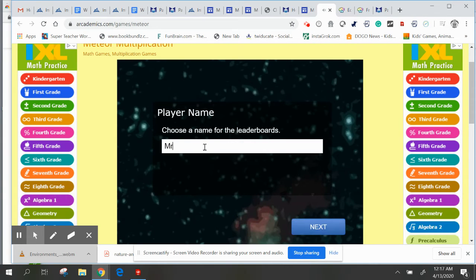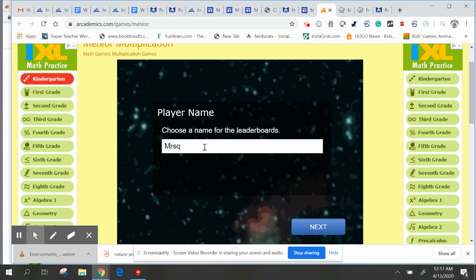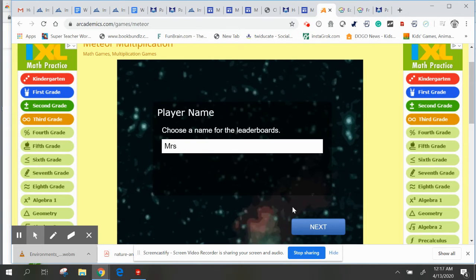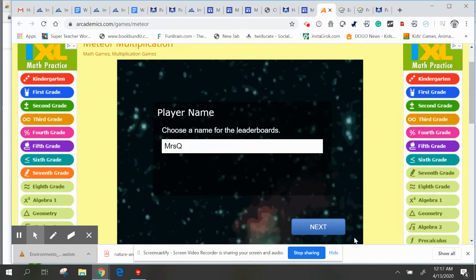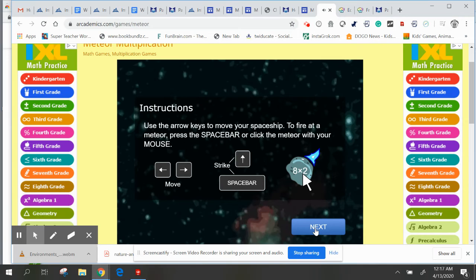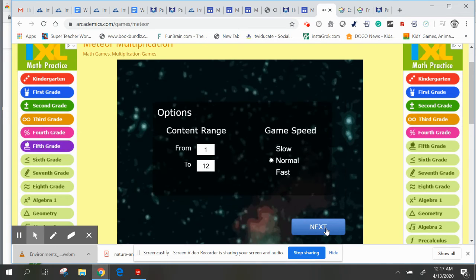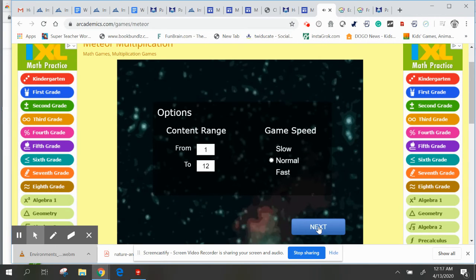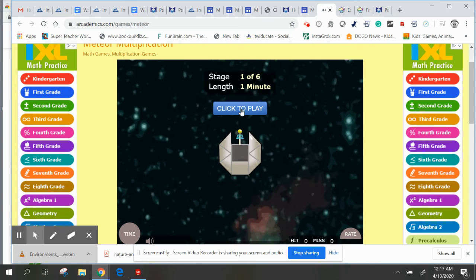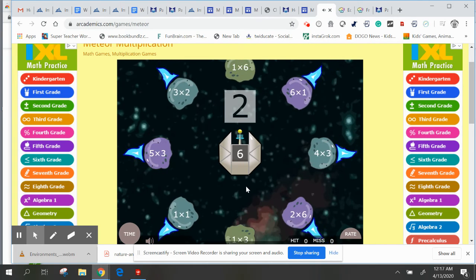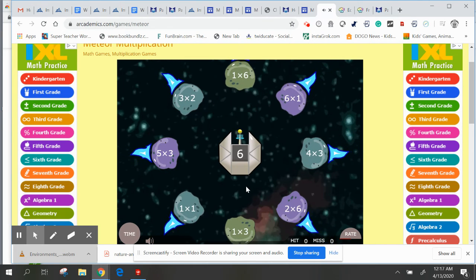So we'll play. All right, so it's telling you you can move using the arrows, and then the space bar is how you strike the answer, the meteor.